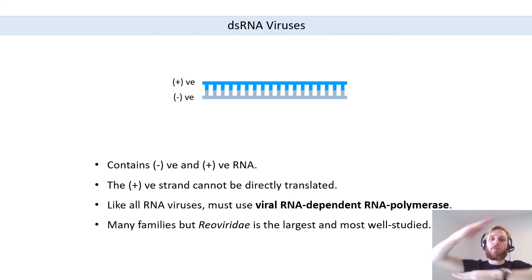It's two strands that are paired, one a positive strand and one a negative strand, complementary to each other. If we want to think about what enzyme is going to be involved in genome replication, it has to be an RNA-dependent RNA polymerase, doesn't it? Because we're starting with an RNA genome and we're ending with an RNA genome, the enzyme involved in that process must be an RNA-dependent RNA polymerase.